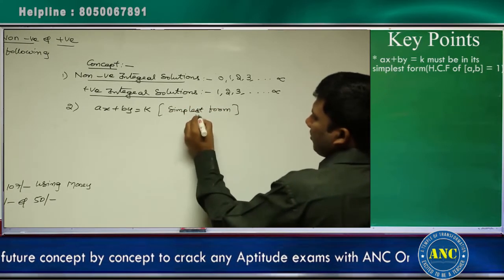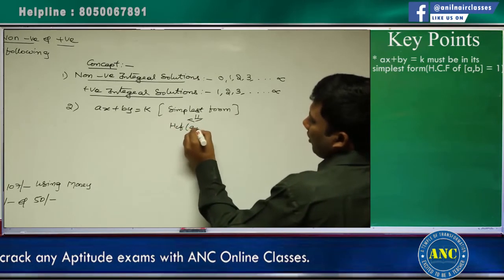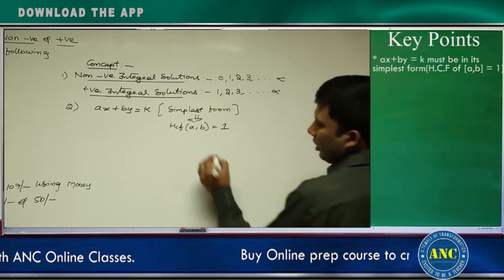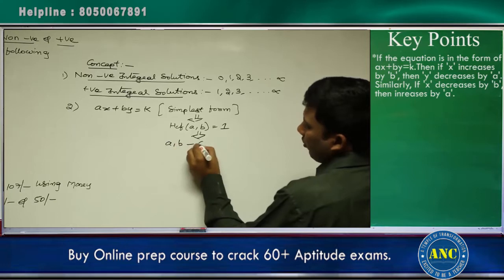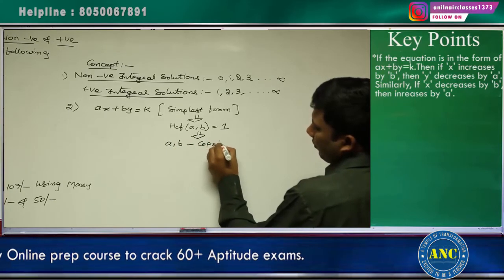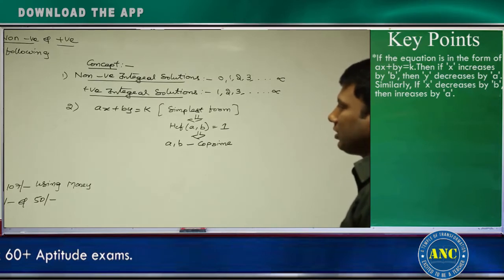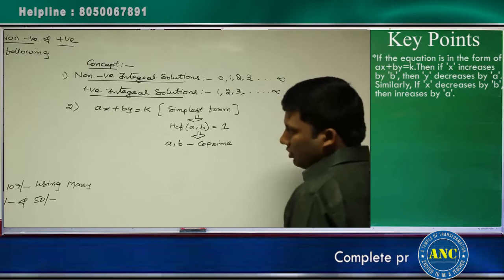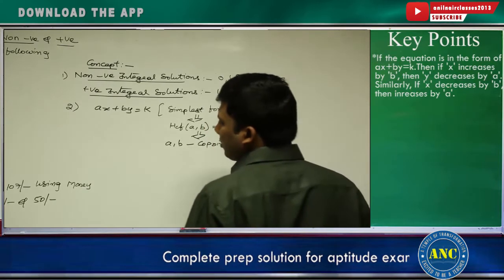When I say the simplest form, the coefficients of x and y are co-prime to each other, meaning the HCF of a, b is 1. All the questions should be in their simplest form.